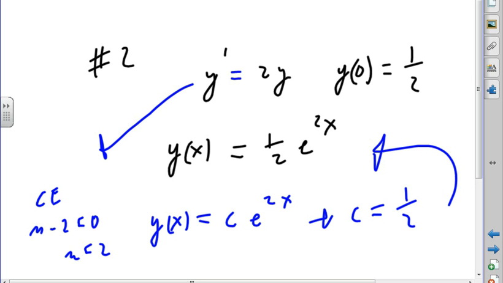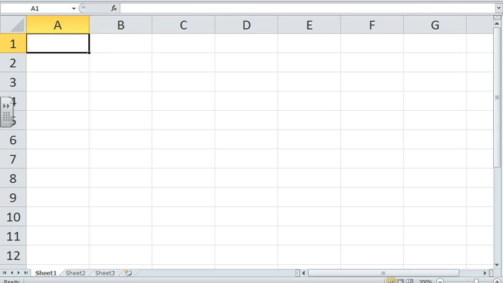And I've got that y prime is equal to 2y, which is the function f of xn, yn. Okay, so now I'm all set. I move to my spreadsheet, and the problem says I want to compute this with an h of 0.5, and then with an h of 0.1, and I want to be on the interval 0 to 1/2.